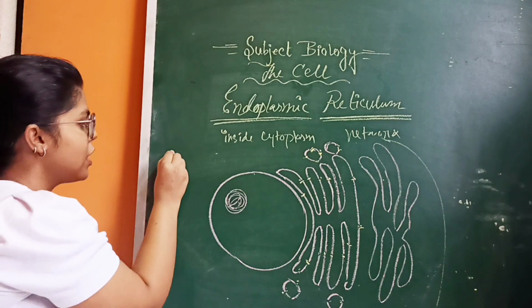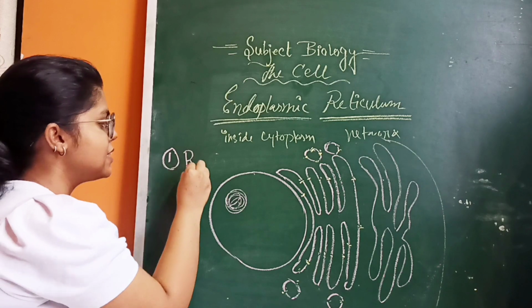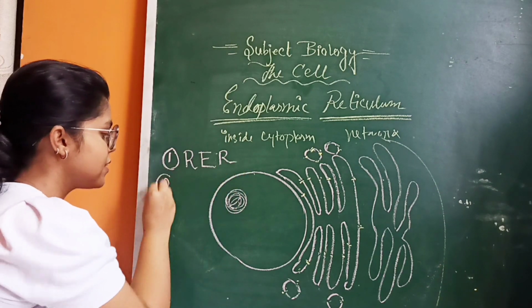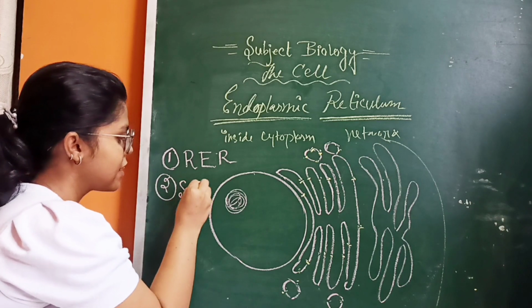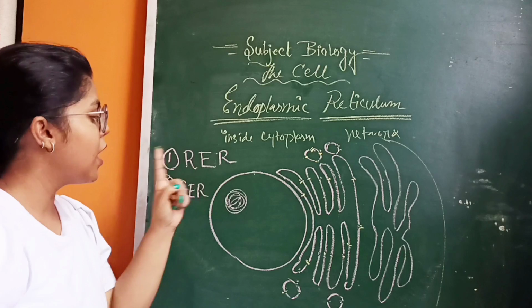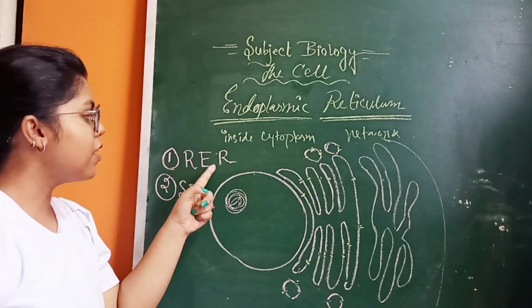Now I am going to start with the types of endoplasmic reticulum. Here I am writing: there are two types of endoplasmic reticulum. One is RER and another one is SER, rough endoplasmic reticulum and smooth endoplasmic reticulum. Why rough?